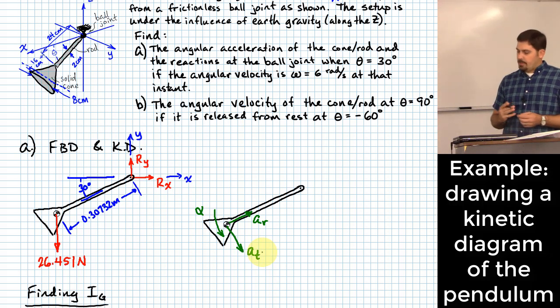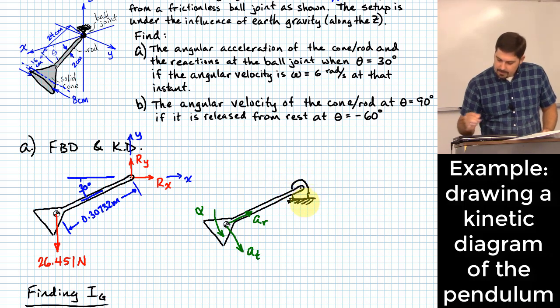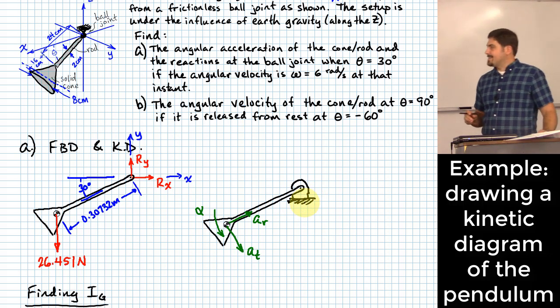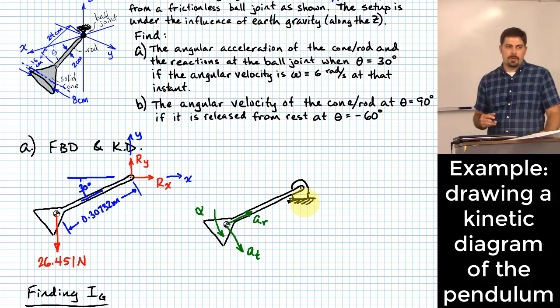And why do you think I'm doing it this way? The reason is it is easier for me to relate those values to alpha if I do it in this set of coordinates.